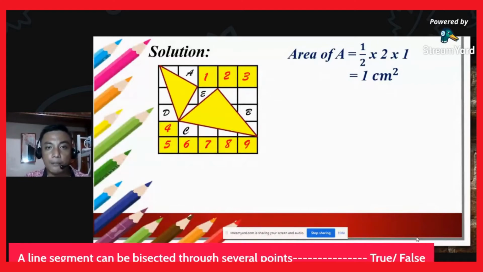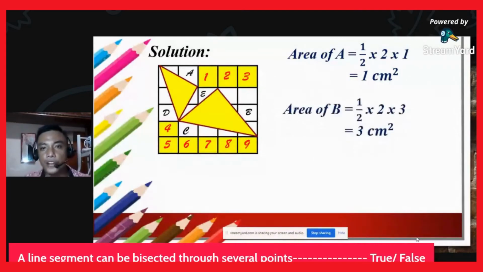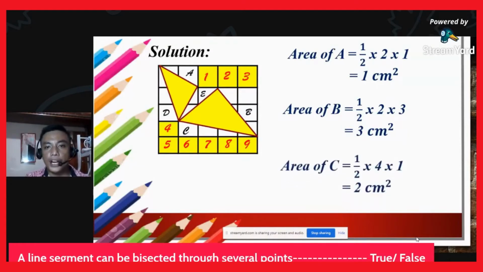What is the base and what is the height? The area of triangle B is equal to 1/2 times 2 as its base times 3 as its height, which gives us 3 square centimeters. Next, the area of triangle C is equal to 1/2 times 4 times 1, which is 2 square centimeters.